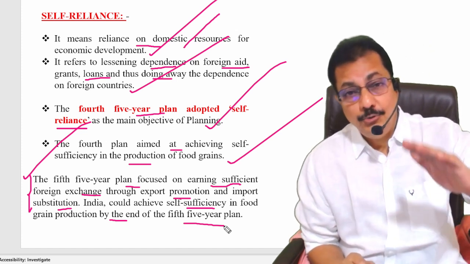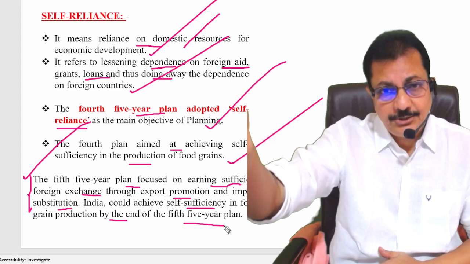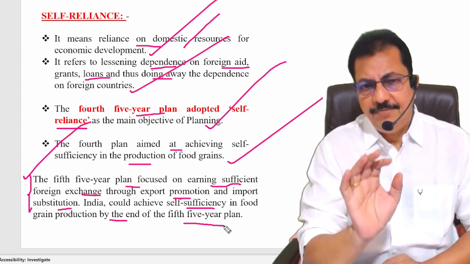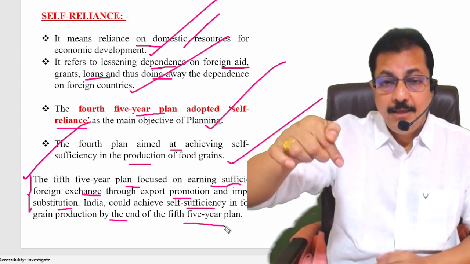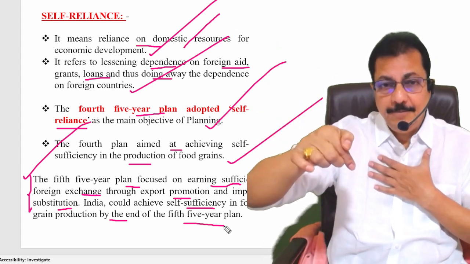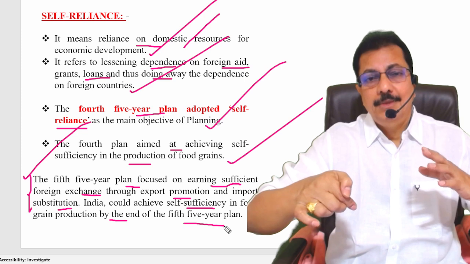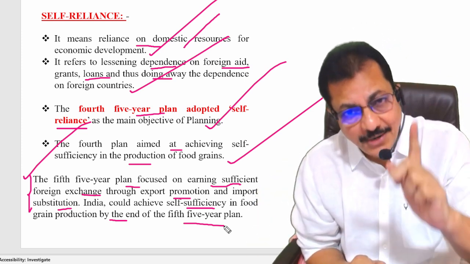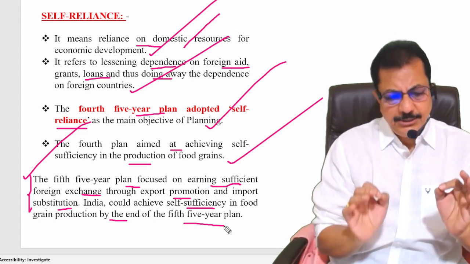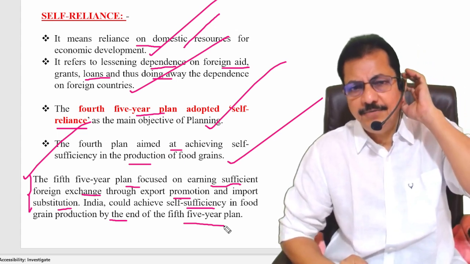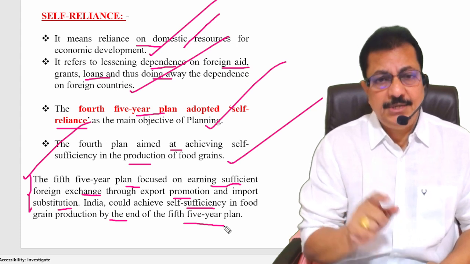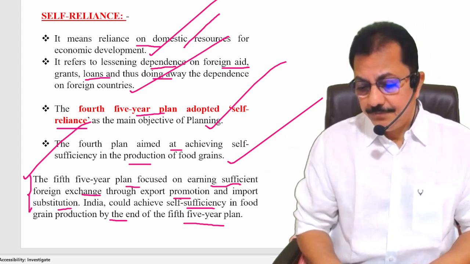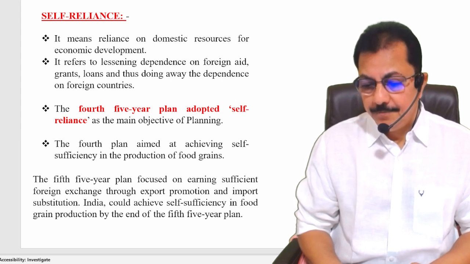We have reduced our dependence on other countries, but we have not stopped the imports. In self-reliance, imports are there, but because we are self-reliant, we are in a position to pay for our import bills. That is called self-reliance. Please make yourself very clear with the difference between self-sufficiency and self-reliance. Clear? Right? Next, let's go ahead.